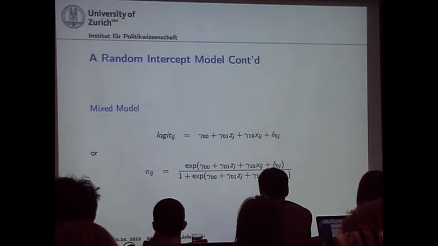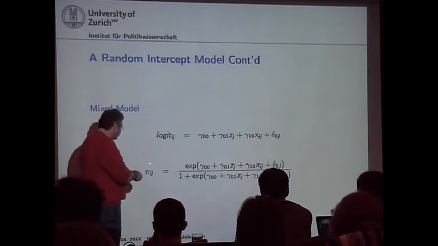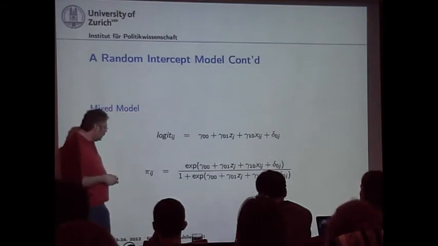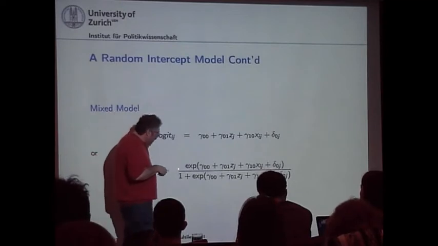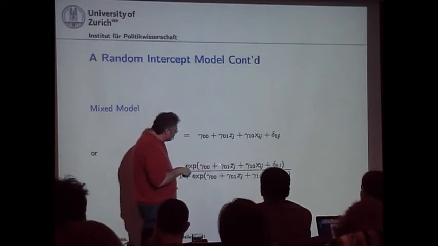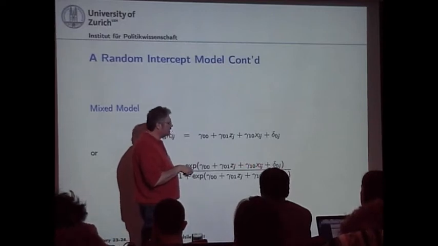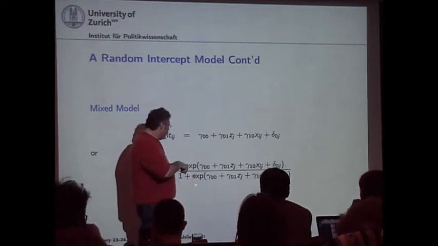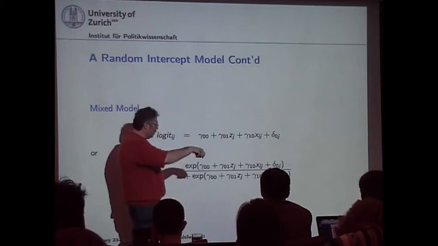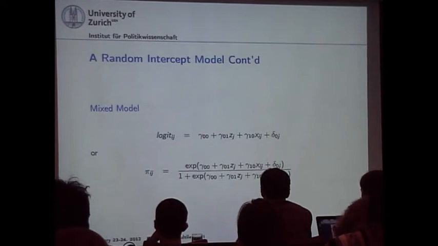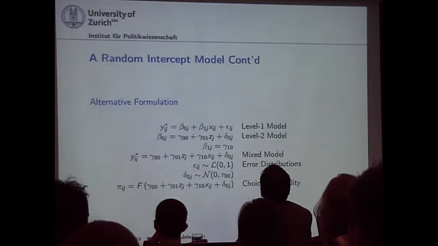And if you then take the inverse of the logit, you can come up with the predicted probability of scoring 1, that is voting for Labour, which is e raised to the power gamma 0,0 plus gamma 0,1 zj plus gamma 1,0 xij plus delta 0j, over 1 plus e raised to the power all of that mess. And this is something you can estimate.